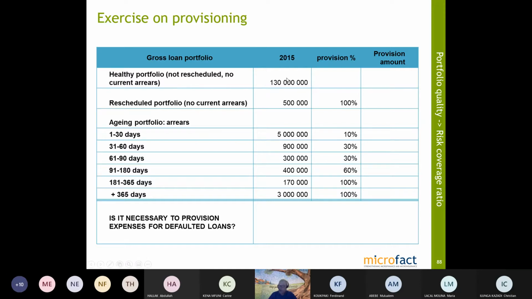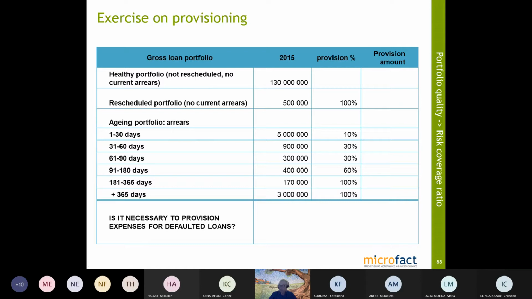But here you have a breakdown that is available in the fact sheet. Every organization does have this kind of information available. You have the healthy part, the green one. It's most important normally. You might have a rescheduled part, and then you have the breakdown according to the aging, with this very highly contaminated part on the bottom of your barrel.